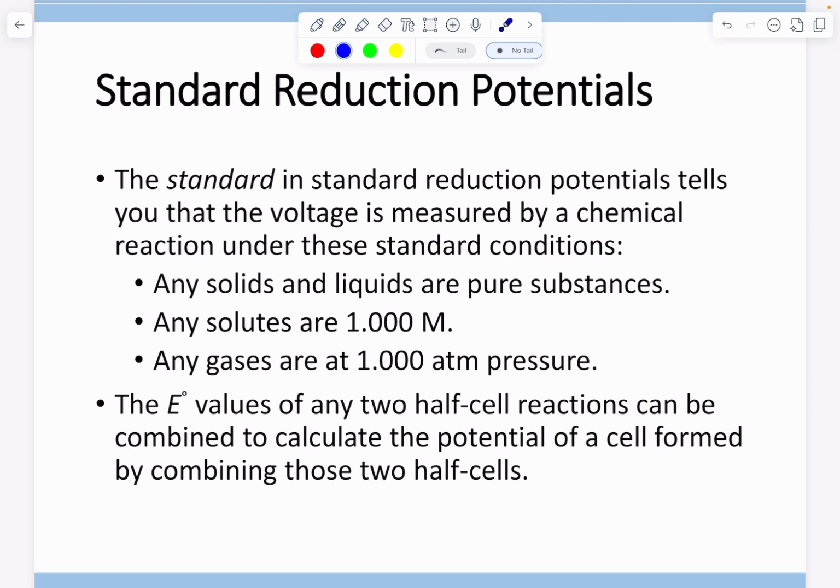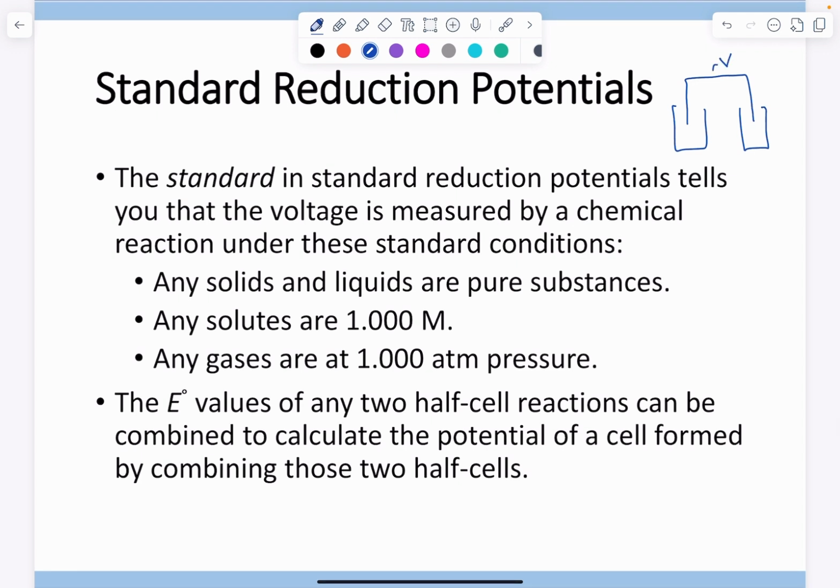Just to draw this really rudimentary, we have this wire bridge connecting the cathode and anode. We can calculate the voltage of the electron flow in that wire using these values here. So that's what we'll end up doing.